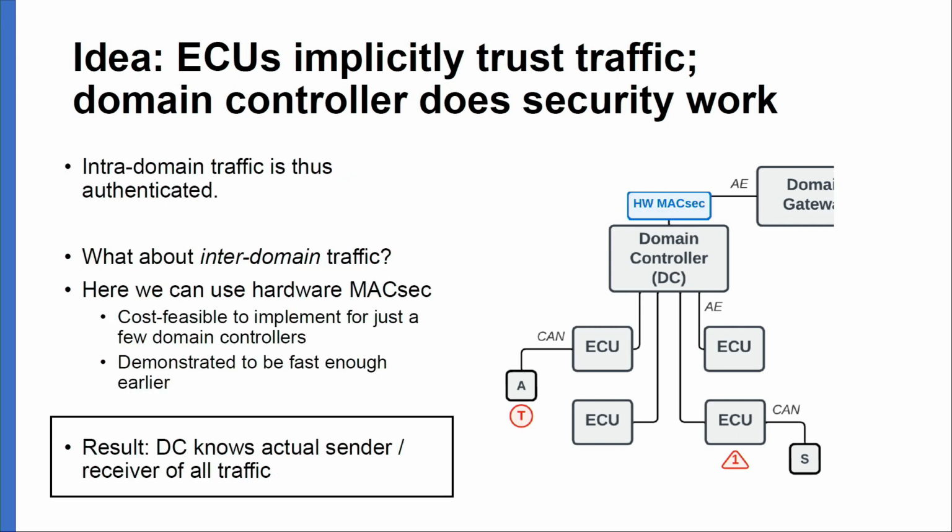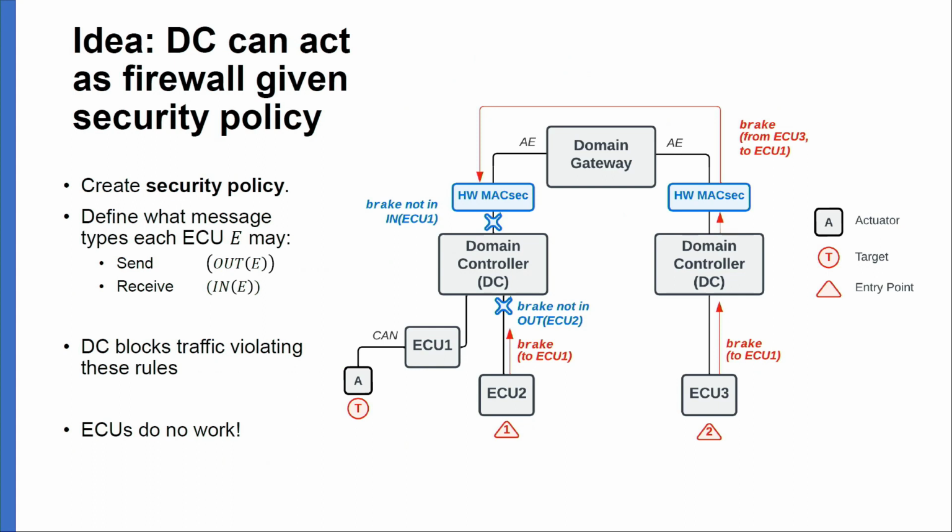And so this means that using that part alone, we can sort of authenticate intra-domain traffic, and then for inter-domain traffic, now it might become more cost feasible to start putting in these hardware cryptography implementations for only a few domain controllers. And the end result is that the DC knows the actual sender and receiver of all the traffic. And so now we can start stopping things like message spoofing.